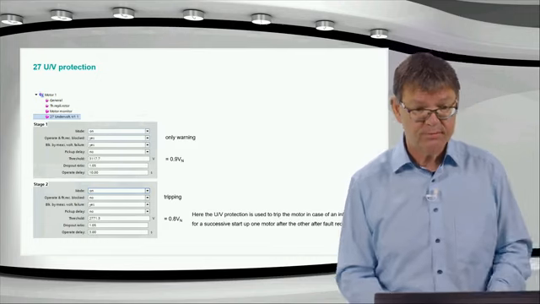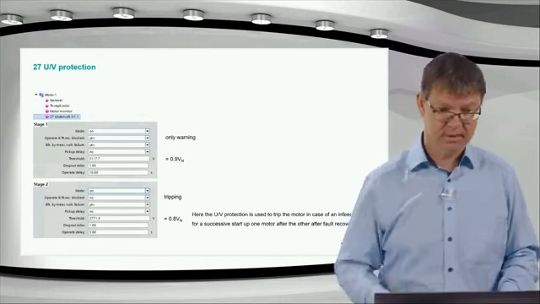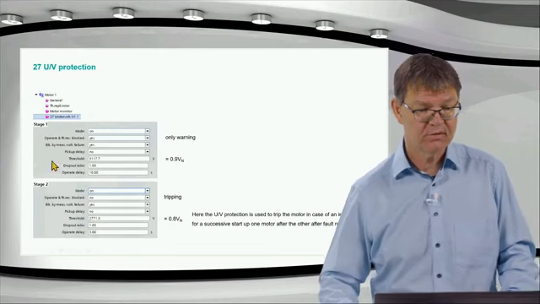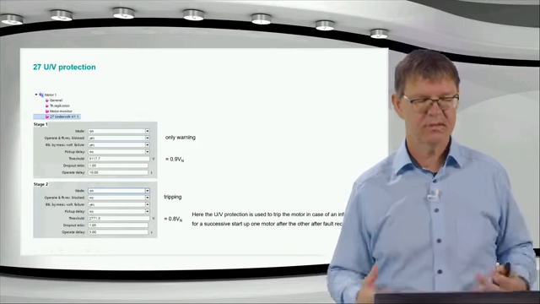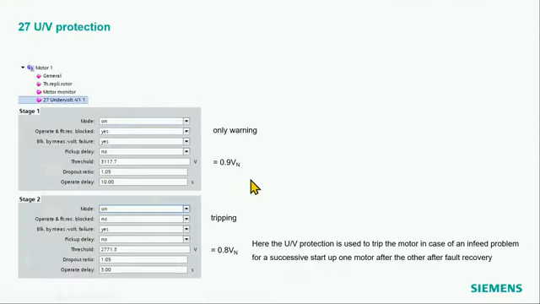Then the voltage protection. Here we did not talk about that, but I just put it into the slides so that we have a complete picture. Here I said, okay, if I have 90% nominal voltage, then I will issue a warning after 10 seconds. And I can also use a second stage, set to a lower value. For example, if I have more motors and, in case of a fault or a problem with the in-feed, I need to restart many motors, then I could make this restarting sequential.